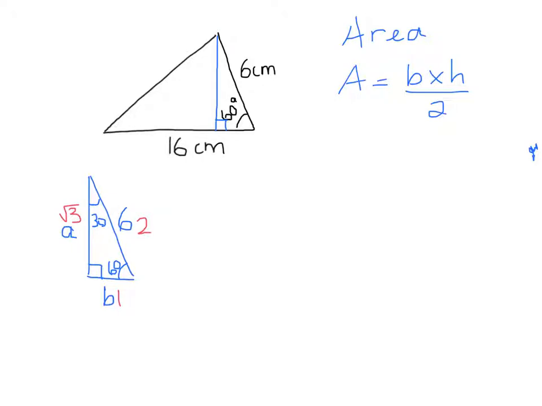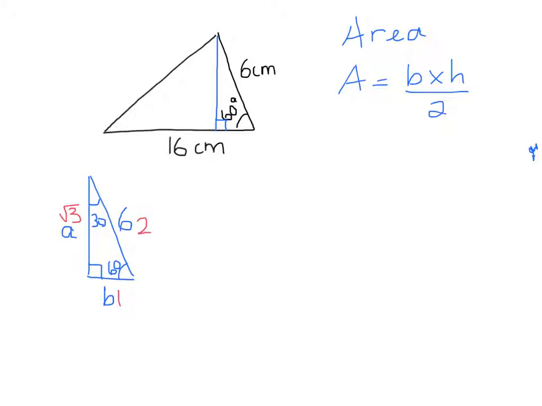So now I can see that my scale factor is 3. I've multiplied 2 by 3 to turn it into 6. So all of my sides must be 3 times larger than the initial ratio.